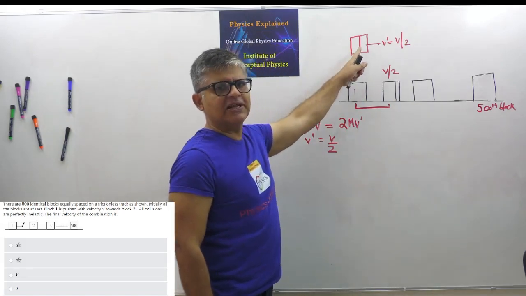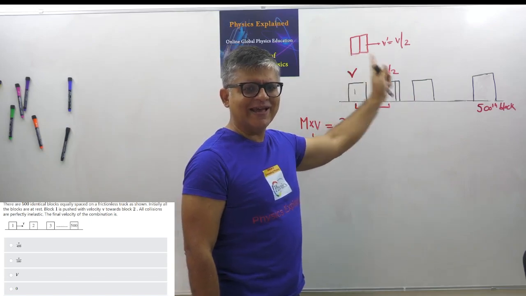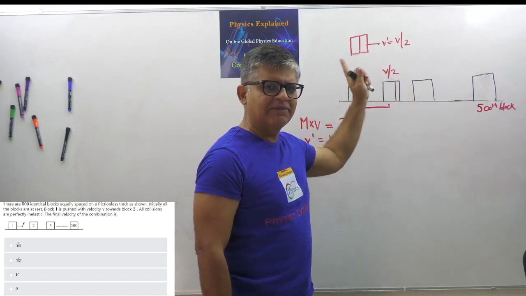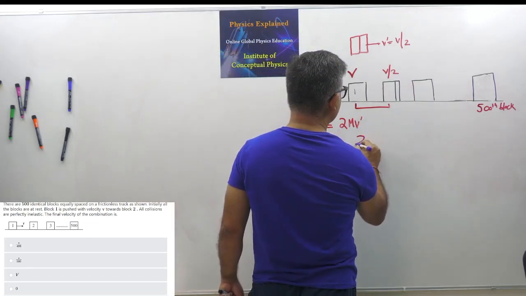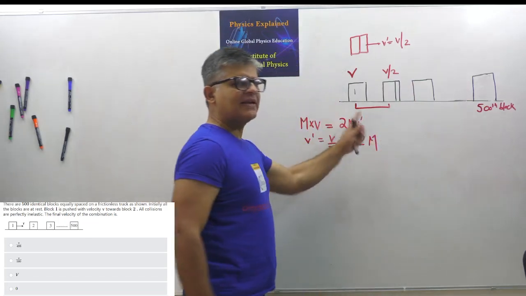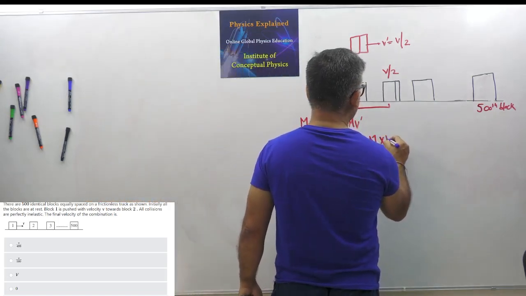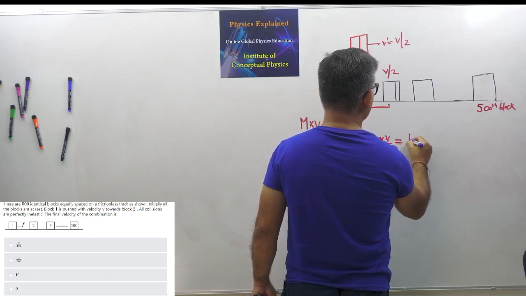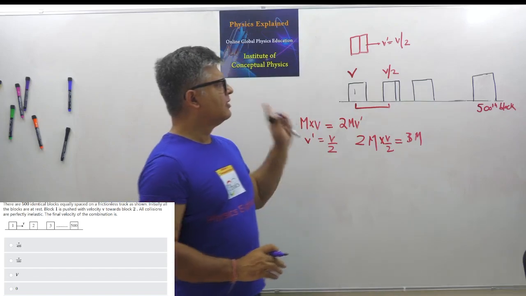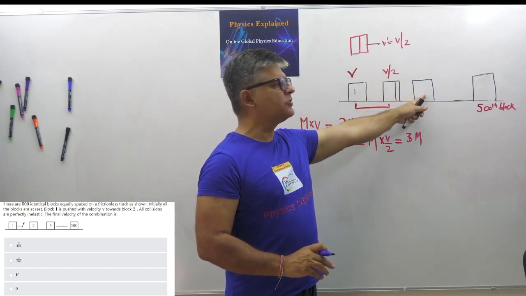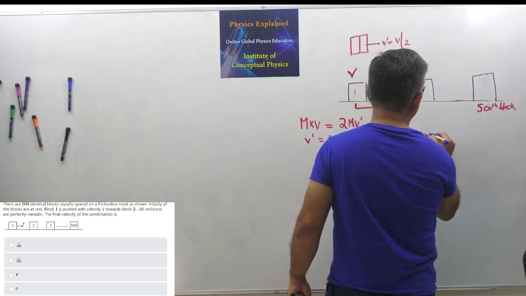Now this combination moves to the third block. The collision is the second, but the block is the third. It is given that each block is identical, which makes my life very easy. So 2m into v by 2 is equal to 3m, because now 2m barges into the third mass, combines and becomes 3m, multiplied by v double dash.